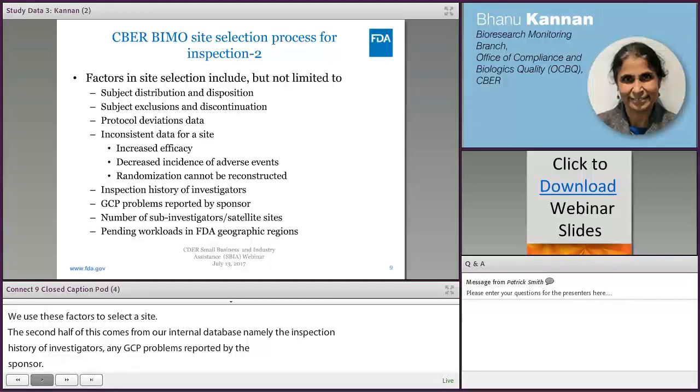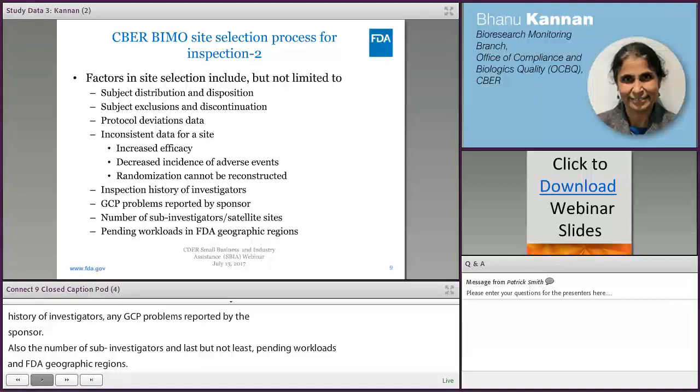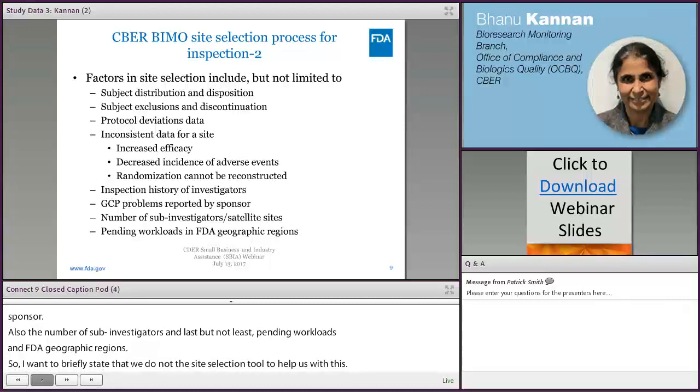So I want to briefly state that in CDER, we do not have any site selection tool to help us with this. The inspection history and GCP problem information come from our internal database, and this is a manual process. We go through that.